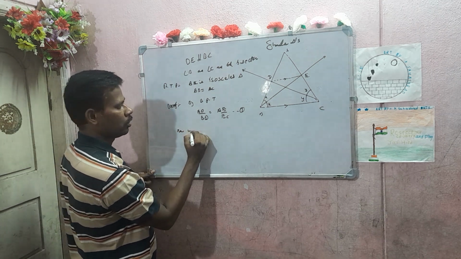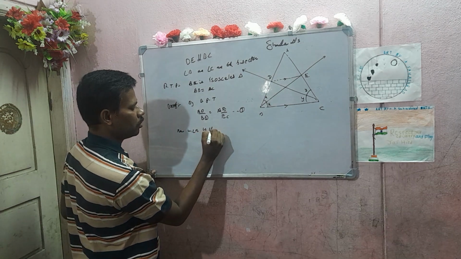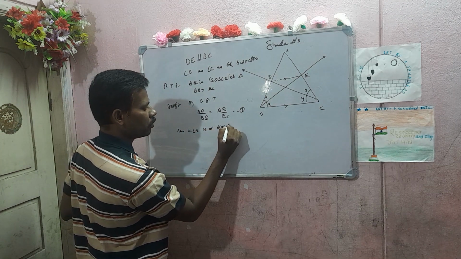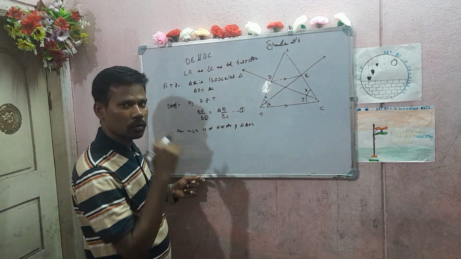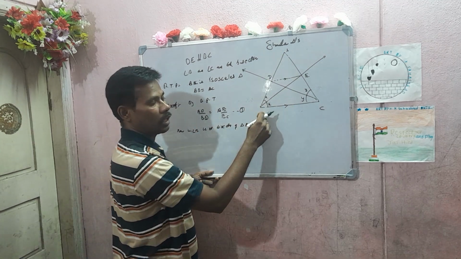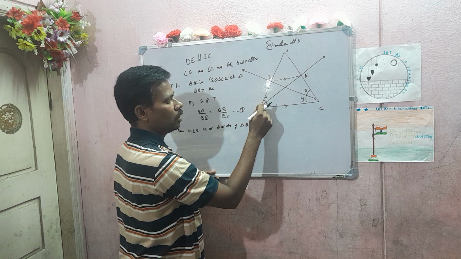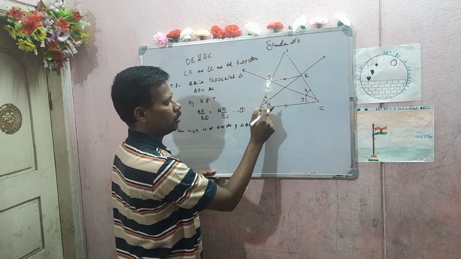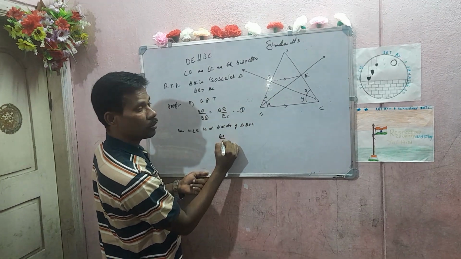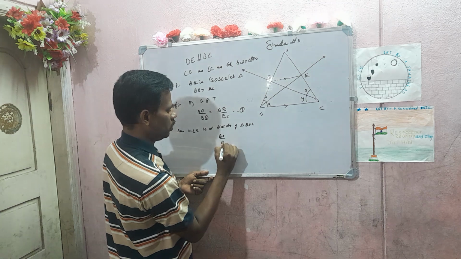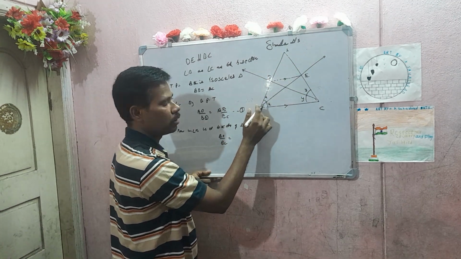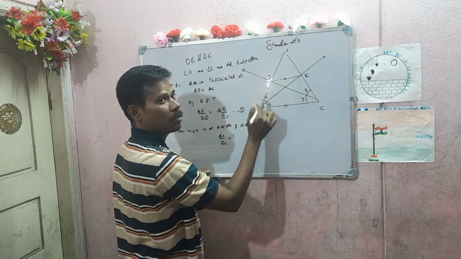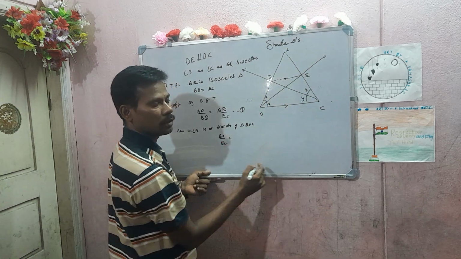Now angle B is the bisector in triangle ABC. Use the vertical angle bisector theorem. AB by BC is equal to AE by EC.